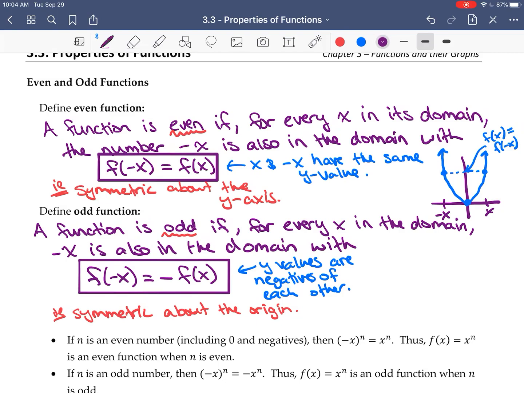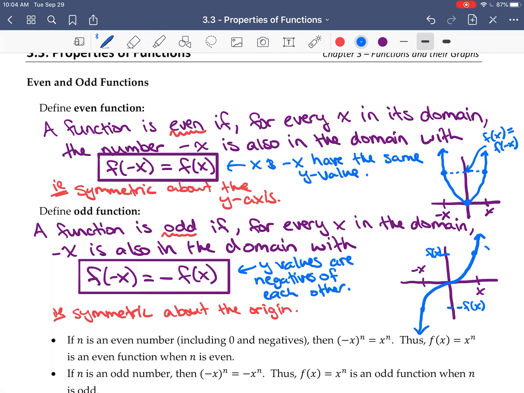Again, in a little picture, if this is x and this is negative x, if I have a point up here with the y value f of x, I should have a point down here with the y value negative f of x. So just the negative version. A cube is an example of this.